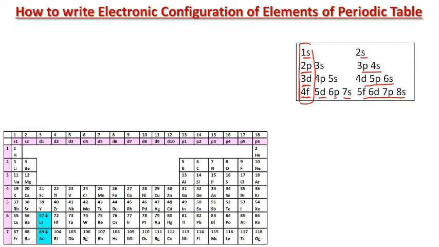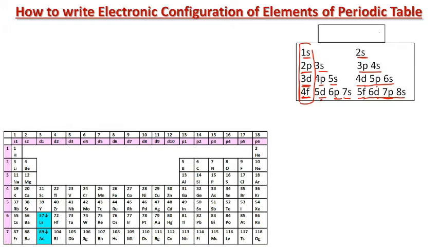Here this is 1s, so the next s will have the next numeric value, that is 2s, and follow the same pattern: 3s, 4s, 5s, 6s, 7s, 8s. 2p is followed by 3p, 4p, 5p, 6p, 7p. Similarly 3d is followed by 4d, 5d, 6d, and 4f is followed by 5f.